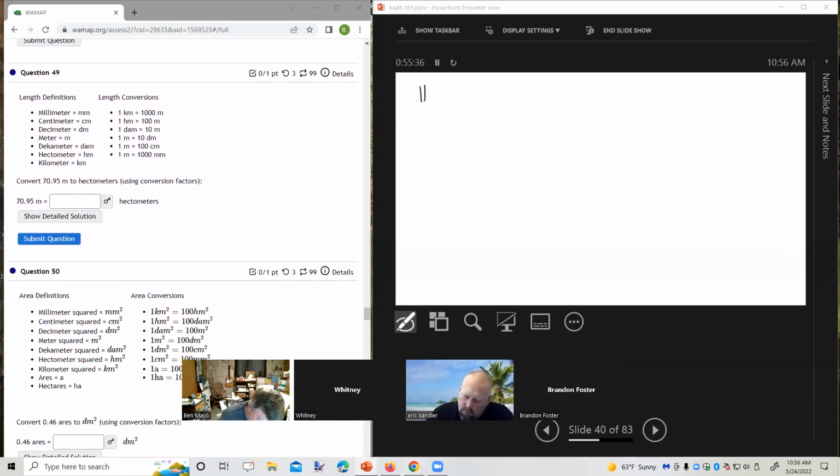49. 70.95 meters to hectometers. Maybe the whole point of me screwing up there was that I need to slow down. To hectometers. So I'm going to go from meters straight to hectometers.